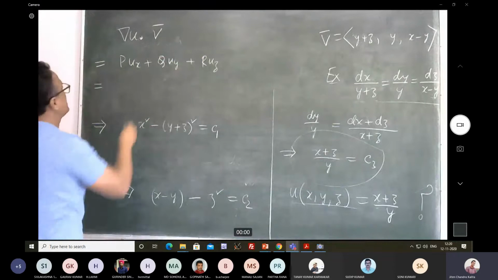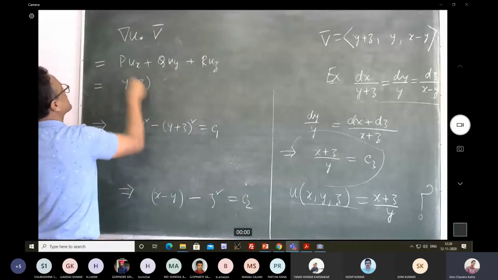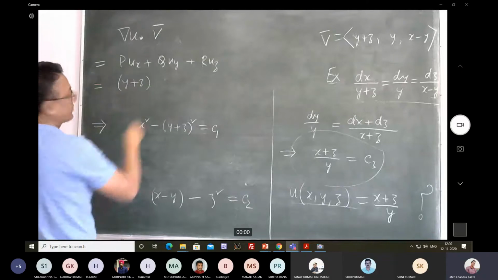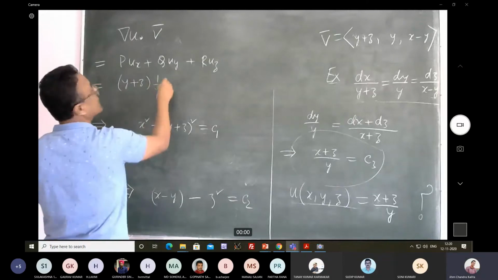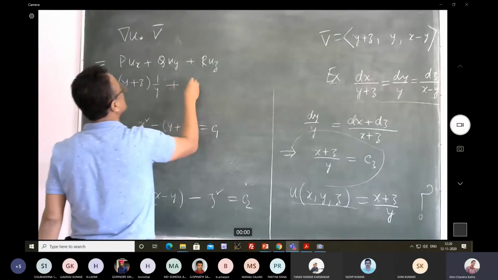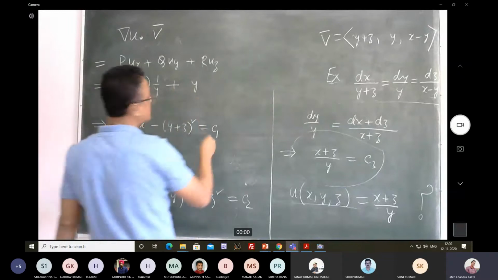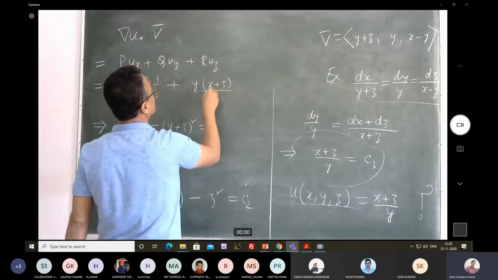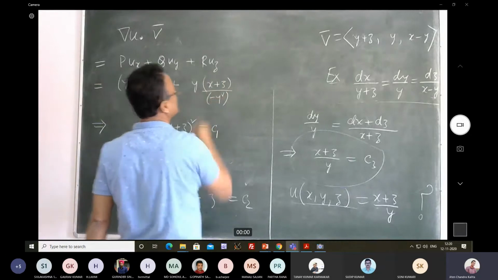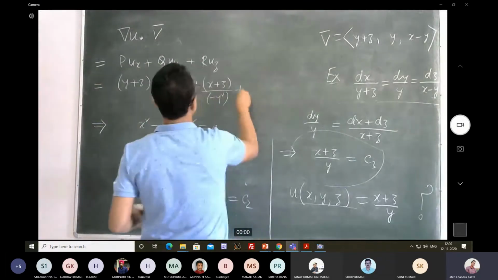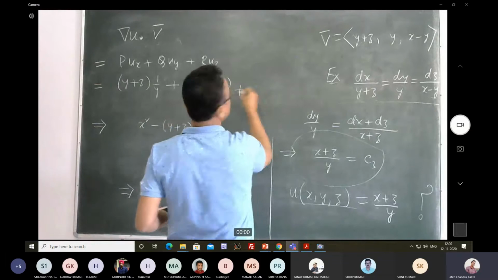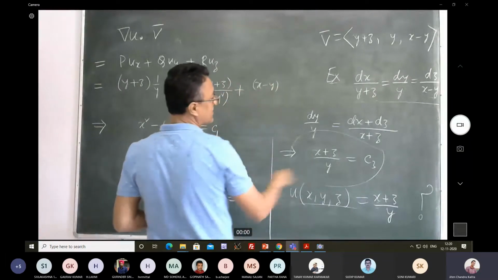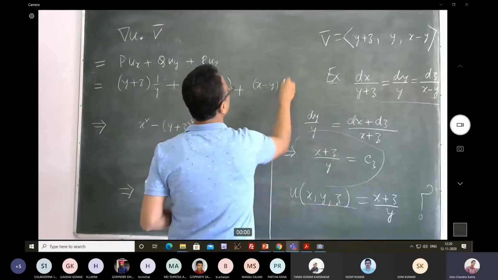Okay, so p is simply y plus z, and u_x is simply 1 by y, right? Then q is equal to y, and u_y is going to give you minus (x plus z) by y squared. And then r is x minus y, and u_z is simply 1 by y again.